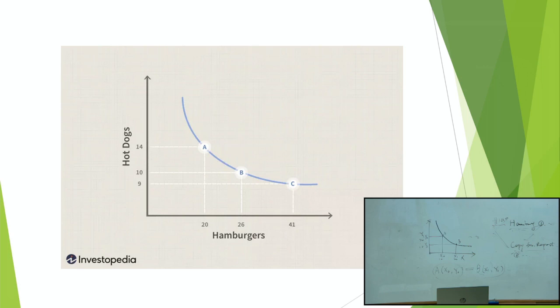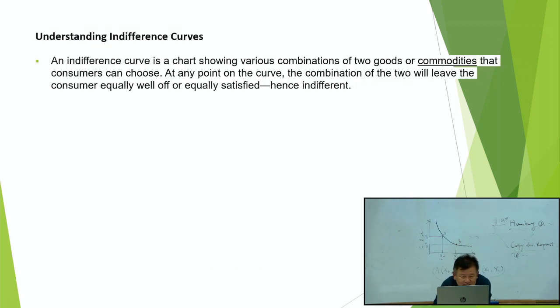He chooses more, 41 hamburgers and only 9 hot dogs. But the utility is the same. This is the indifference curve.